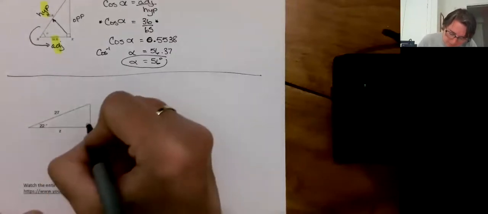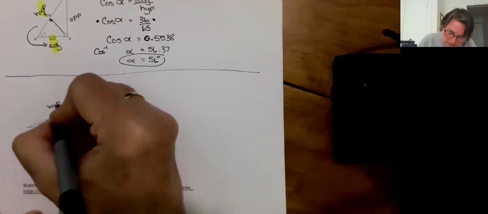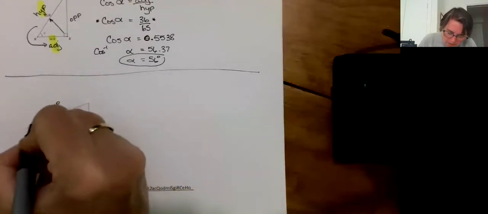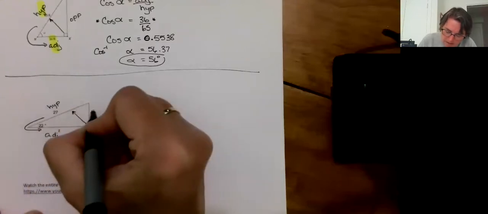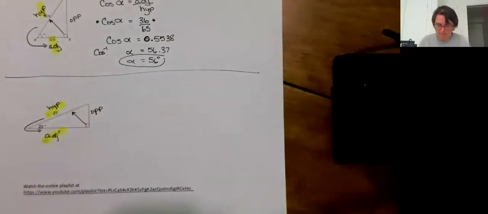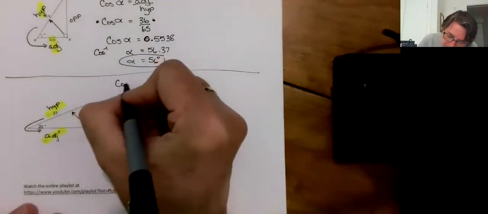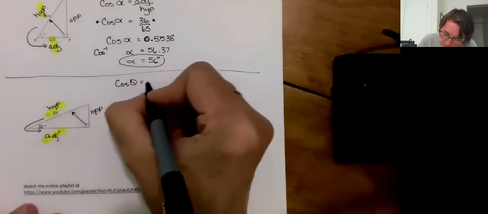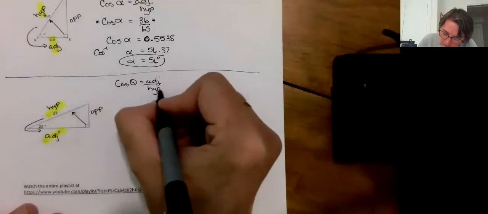What do we got? We go across, and here's your hypotenuse, and we go around the hypotenuse. Here's my adjacent, and there's my opposite. Let's look at what we have. So we got cos theta, adjacent over hypotenuse.